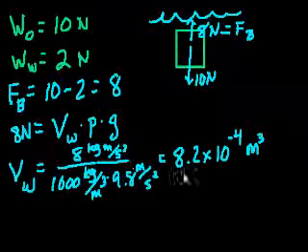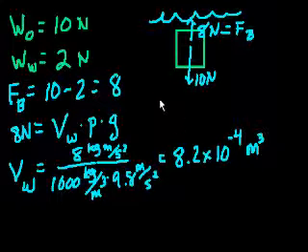Just knowing how much the buoyant force of the water was, or how much lighter we are when the object goes into the water, we can figure out the volume of the object. And this might seem like a very small volume, but just keep in mind, in a meter cubed, you have 27 cubic feet, right?